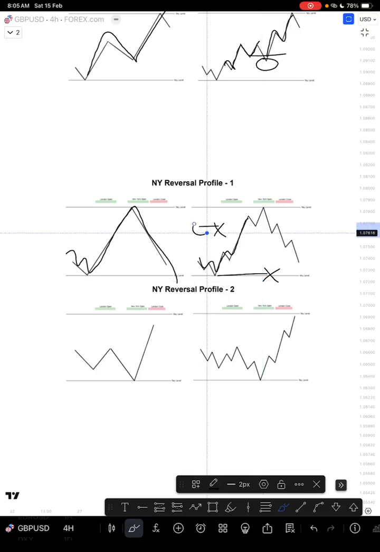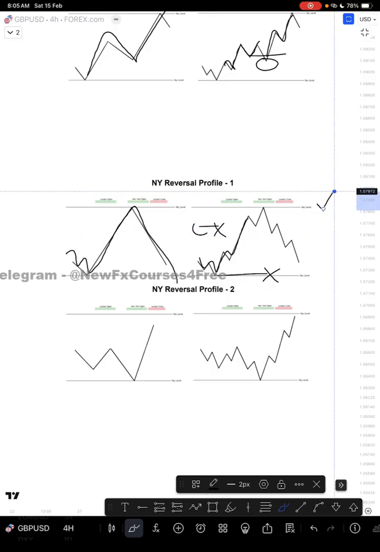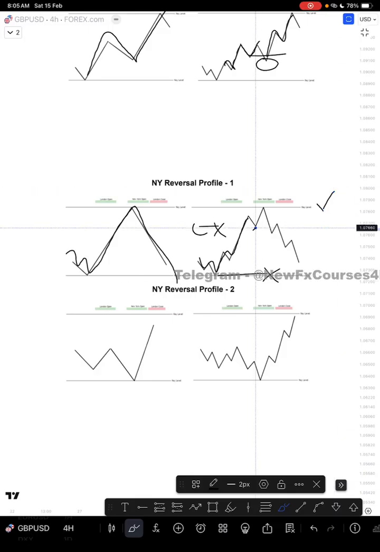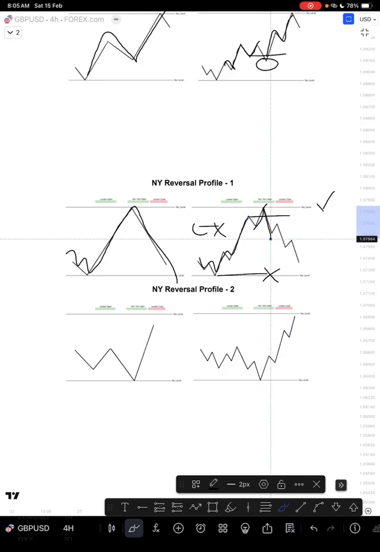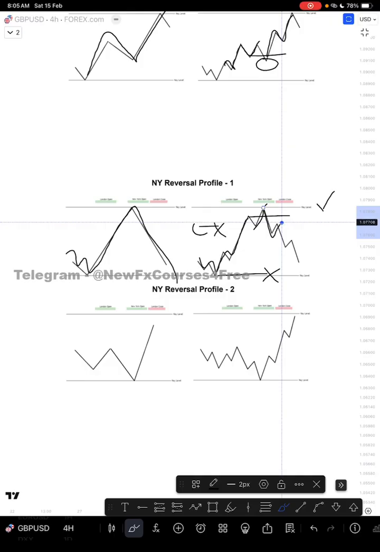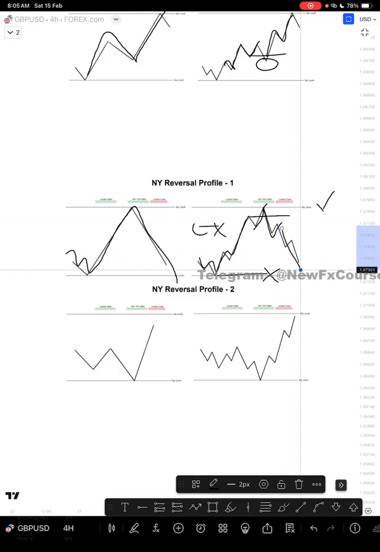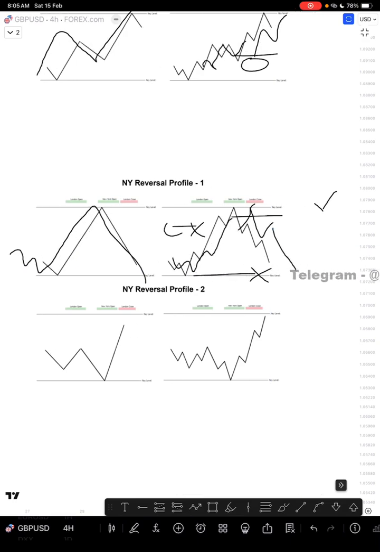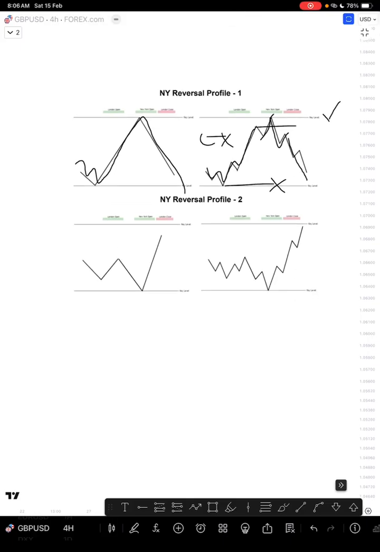So sweeping this draw on liquidity and tapping on our key level, New York opens with this move, sweeps this low, this high, and taps on the key level, expansion, London close, retrace, then reverses completely downwards to our major draw on liquidity.